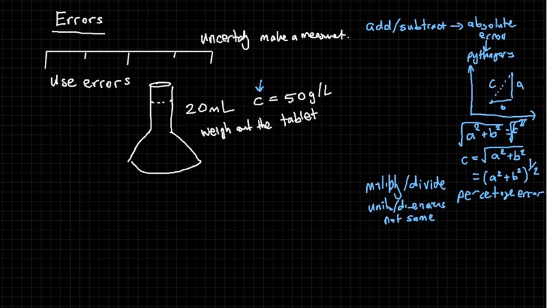If we're looking at concentration over here, we're going to have to divide some mass by a volume, and they're completely different units. So it doesn't make sense to use their absolute errors, or the errors that we'd find on the end of those two numbers. So what we do is we find the percentage error, and we apply Pythagoras' theorem to work out what the root mean square of that error is.